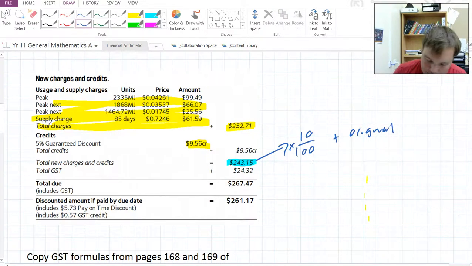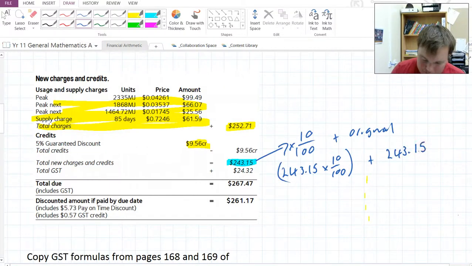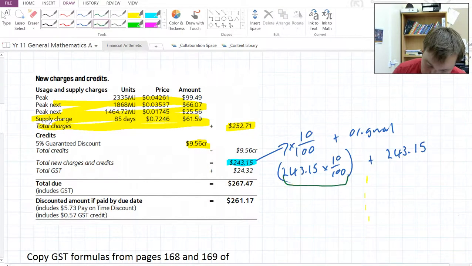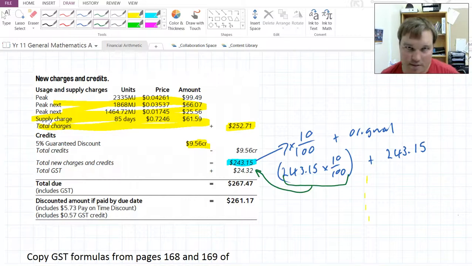Or in their case, it'll be 243.15 times 10 on 100, that gets you 10%, plus 243.15. This portion here is the GST. So finding 10% of the pre-GST price is a way to calculate the GST.